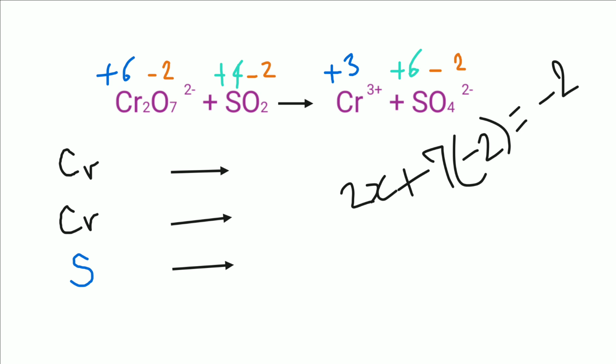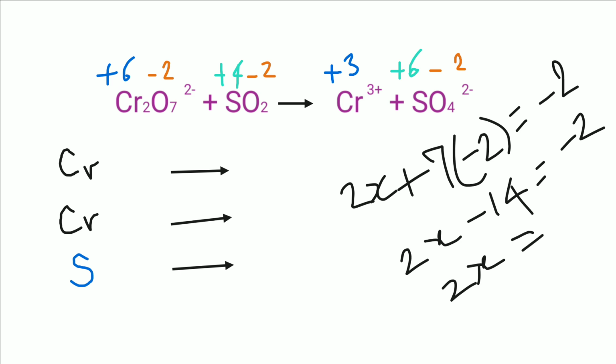That is 2x minus 14 is equal to minus 2. Then 2x is equal to 14 minus 2, that is 12. As a result, x is equal to plus 6.